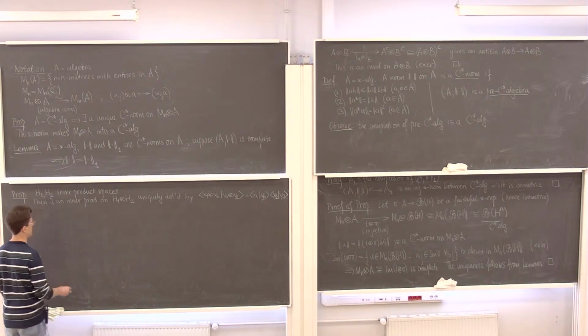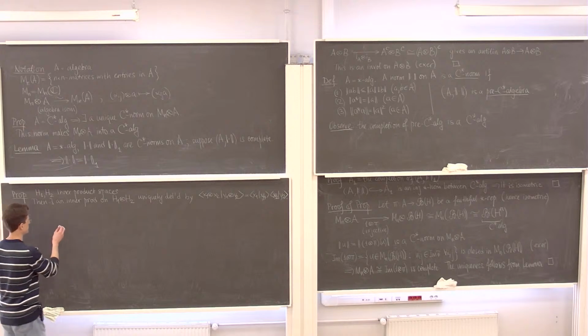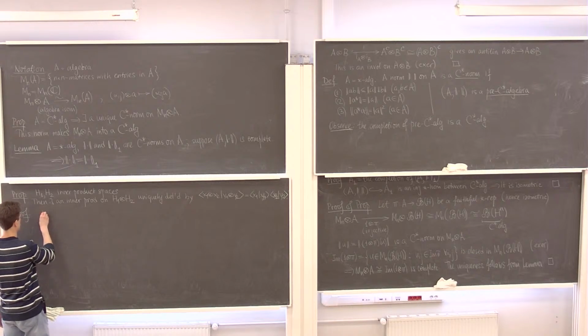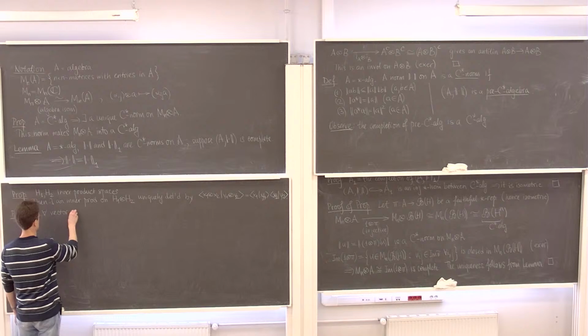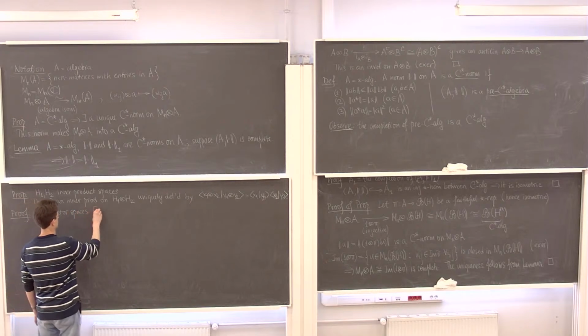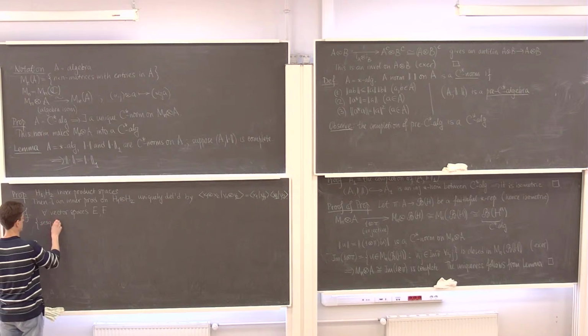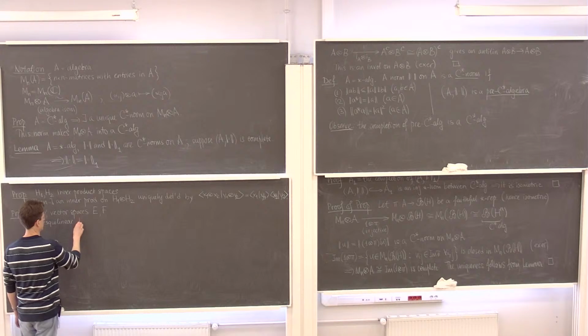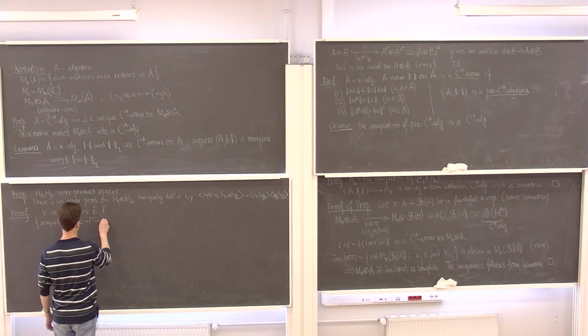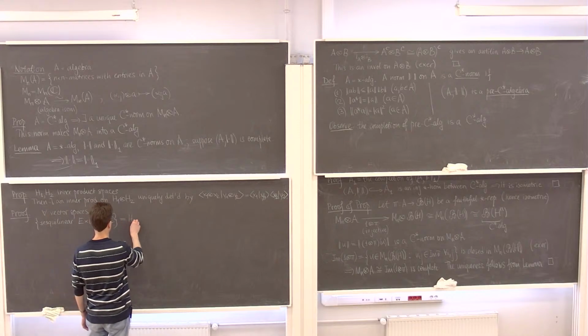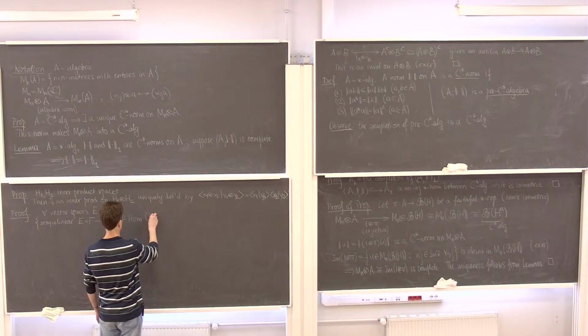Indeed, an inner product is a sesquilinear form. And if we have two vector spaces E and F, we have a natural bijection between the set of all sesquilinear forms on E cross F, that is, those maps which are linear in the first variable and anti-linear in the second variable, and the set of all linear functionals on E tensor F-conjugate.